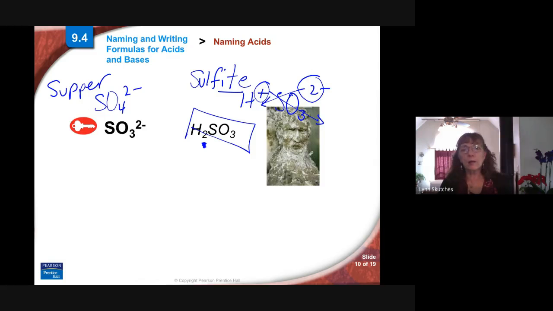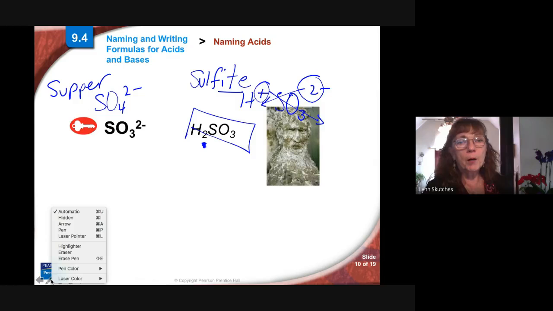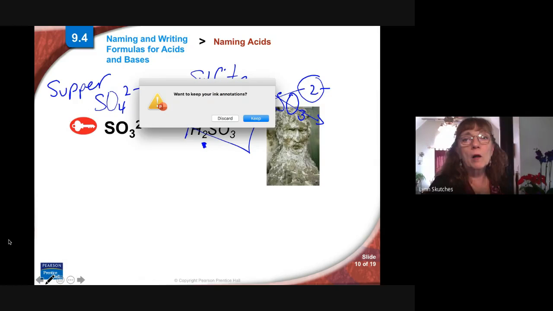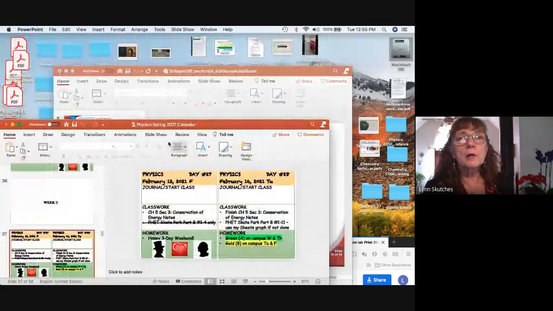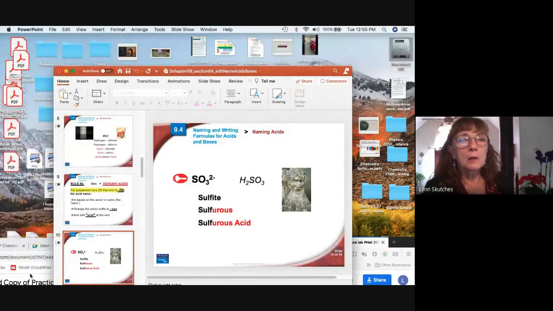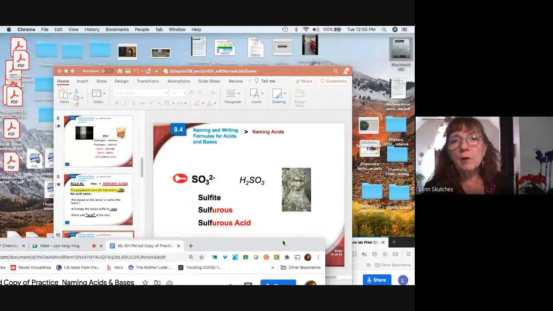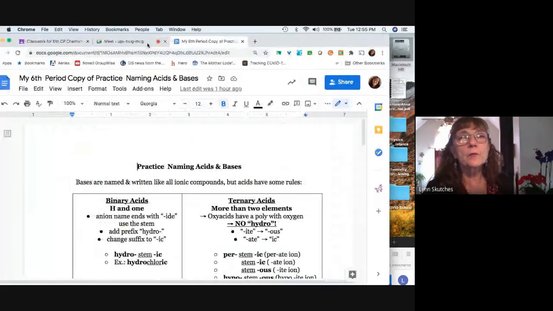The acid bubbles away the rock. Now you won't see them bubbling on a statue probably, but lots of things are being ruined, including the sphinxes and the pyramids.